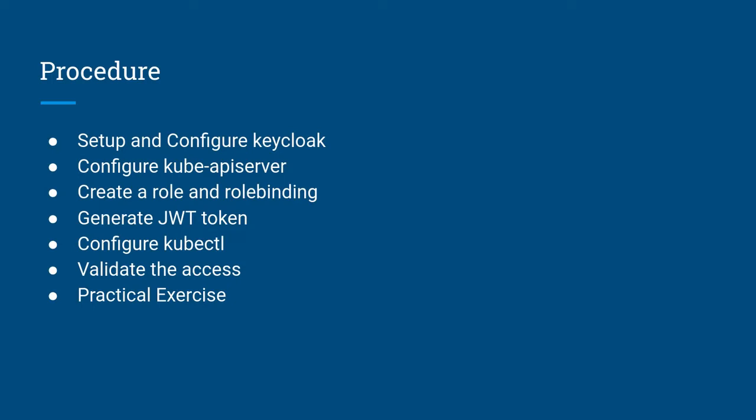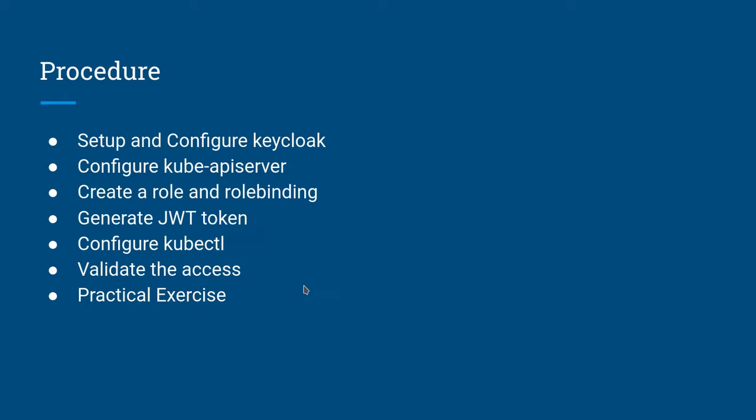Once we have the tokens available, we can configure our kubectl so that we can authenticate that user with the Kubernetes cluster using the JWT token which we have generated in the last step.